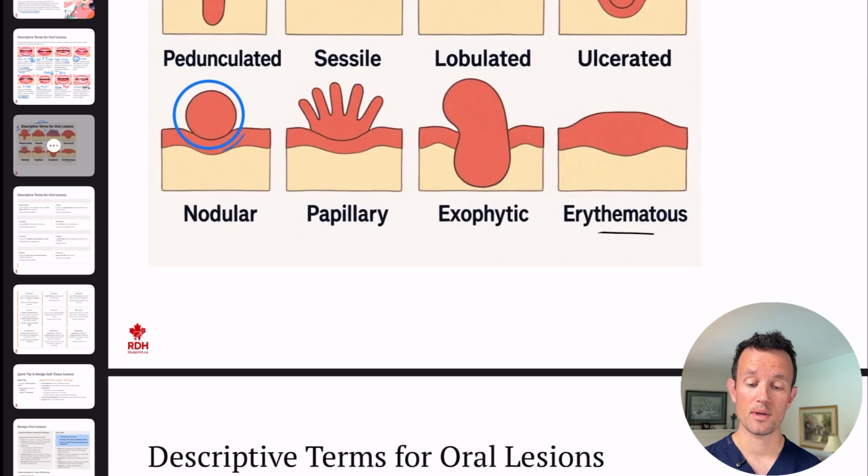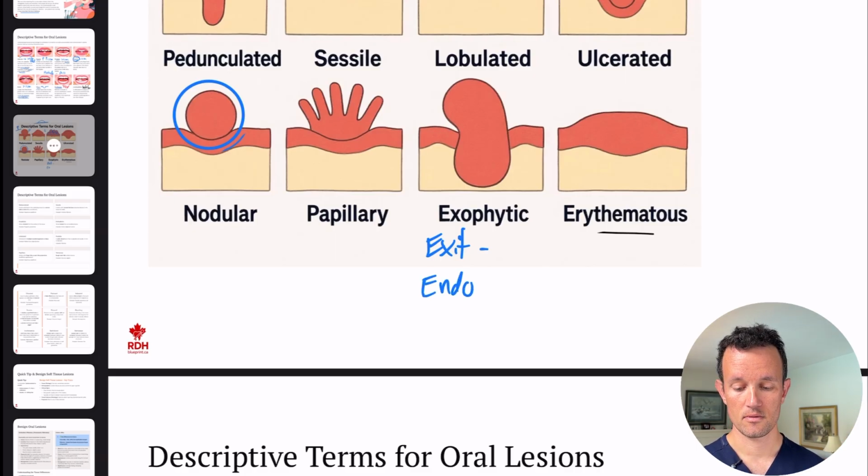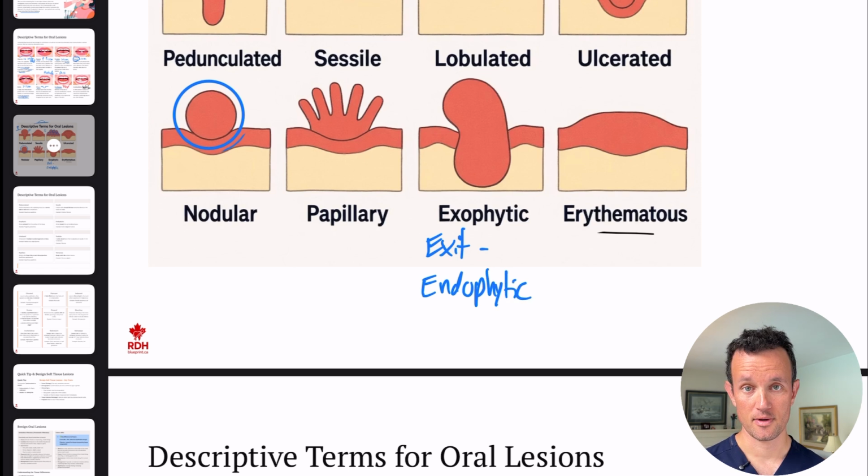Exophytic means, exo means to grow out or exit. Growth. It's growing out. So most of our lesions we're looking at grow out of the mouth. Endophytic. That's growing into you, which is more dangerous.